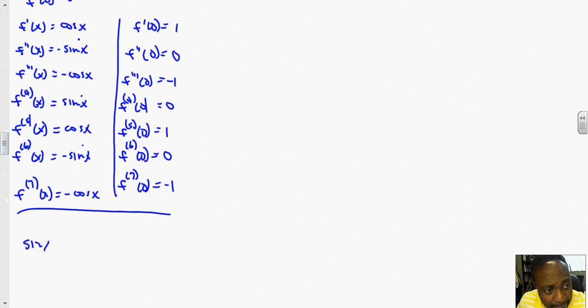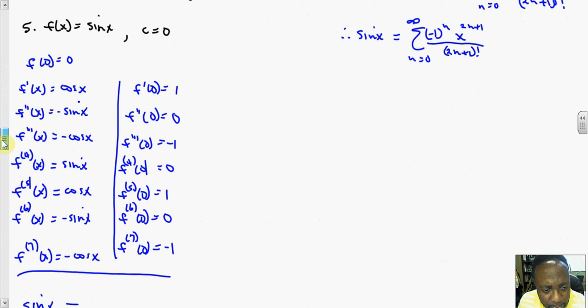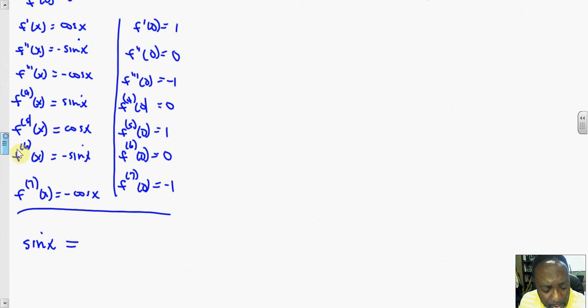So we say sine x is equal to, there's no approximation now. That first term there gave us 0, right? And then it's plus 1 times x for the first derivative, plus 0 times x squared, minus 1 times x to the third.